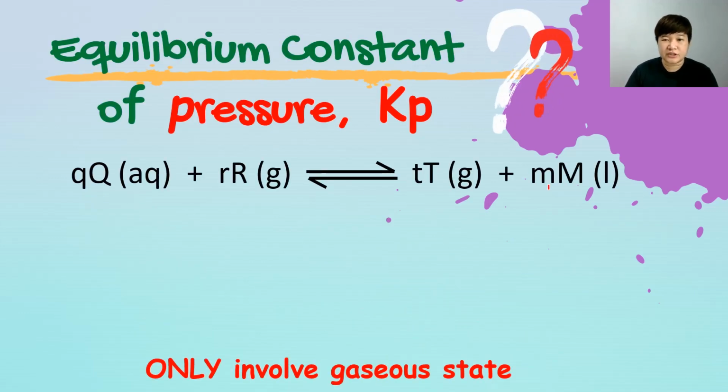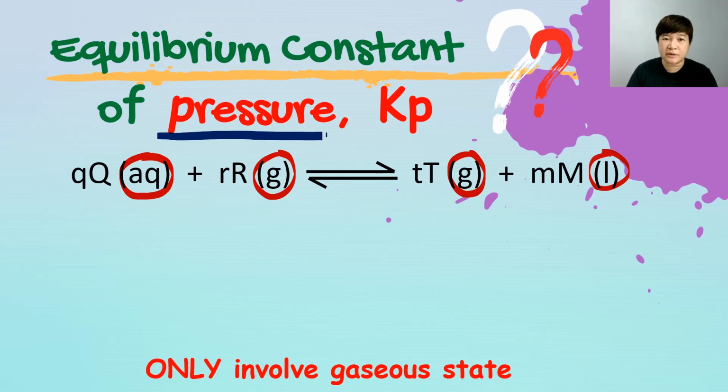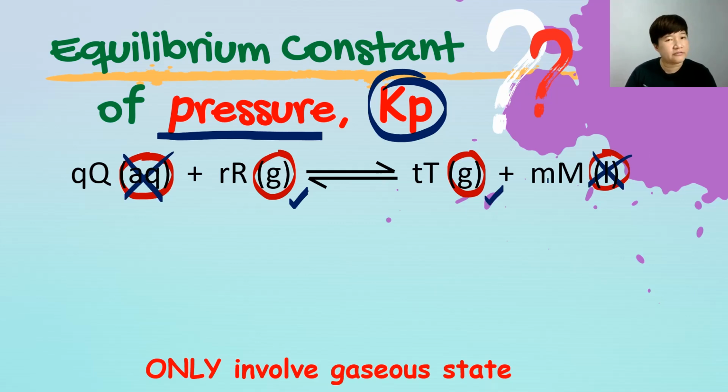If you look at the equation I have on the screen right now, I have the presence of aqueous, gas, and liquid. And since we are talking about the equilibrium constant of pressure, Kp, you must only take count of gases. We will ignore all the aqueous, liquid, or even solid if there is any present.